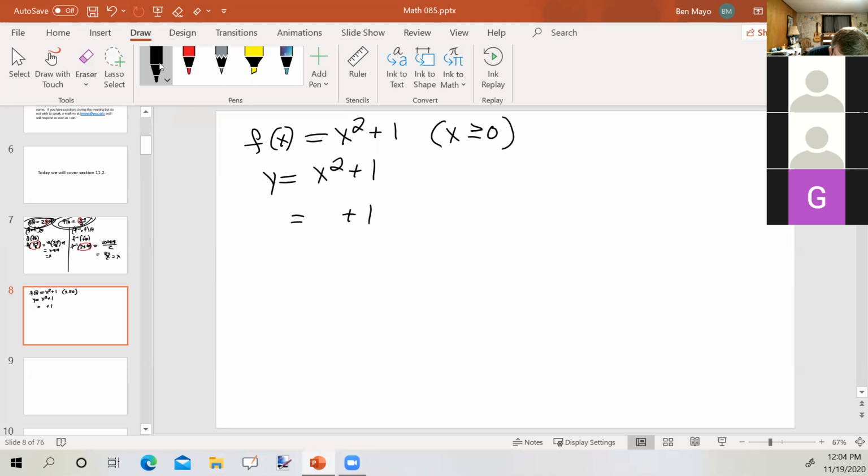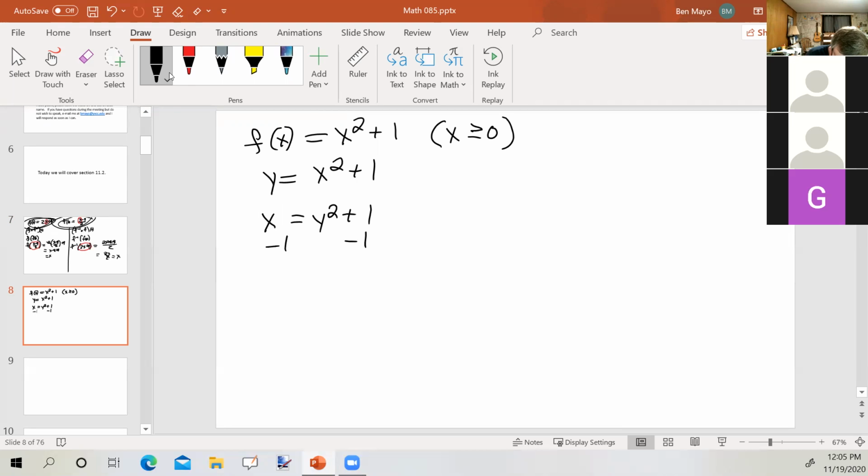This should be what? X equals y squared. You're not interchanging x squared and y, you're interchanging x and y. So y becomes x and x squared becomes y squared, okay? Sorry about that. Again, my focus is just kind of blown here.